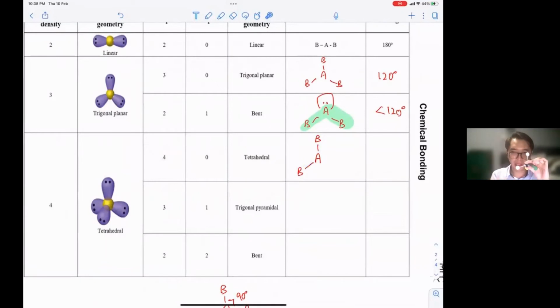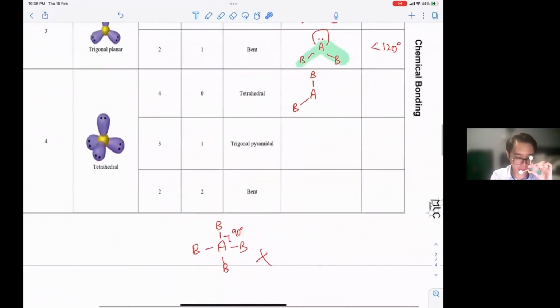They are in the plane. The green one is coming out towards you, so we represent that with a bold line. The yellow one is going into the paper away from you, so we will represent that with dashed lines. The angle for this is 109 degrees.